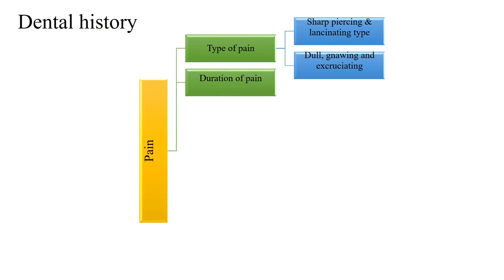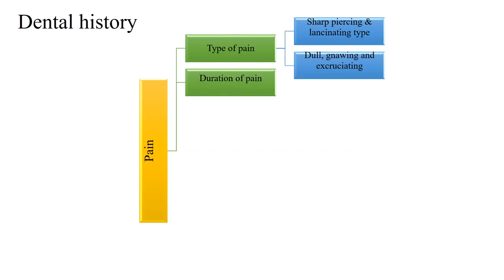Duration of pain is also a very important indicator of the pulpal condition. For example, if the pain has been there only for the past 1 to 2 days and it has no previous history, it could be because of an acute episode which can be relieved by removing the stimulus.